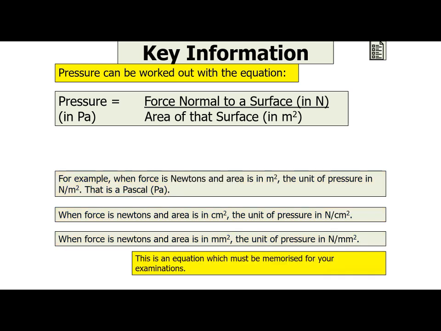Now, this is an equation which you've got to be able to use and memorize for your examination. Now, you have to convert the area into meters squared to find the pressure in pascals, but do be aware that some questions can ask for the pressure in different units. And you'll also be expected to rearrange this equation to make the area or the force the subject of the equation.